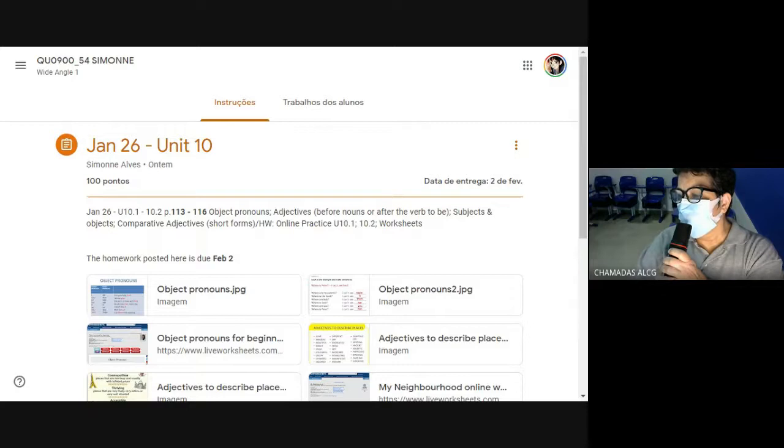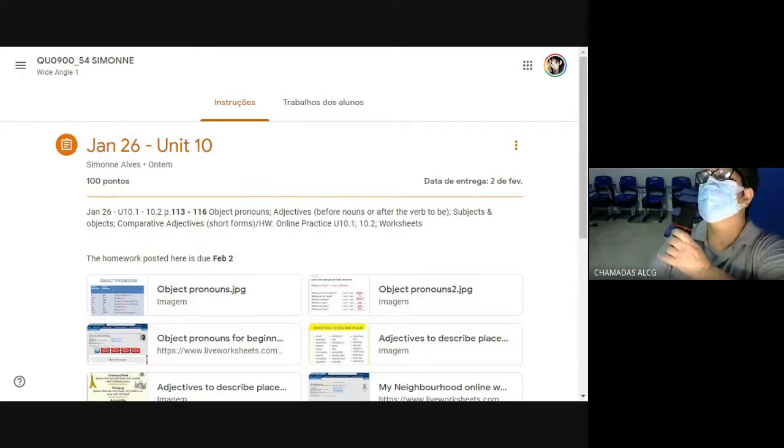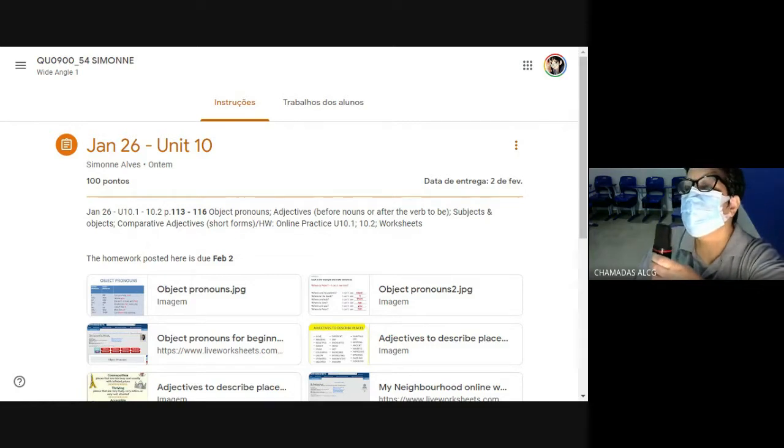I'm trying to reload the page. Yeah, it's not going, so it doesn't seem to be working today. So let's go over to our page on PDF.